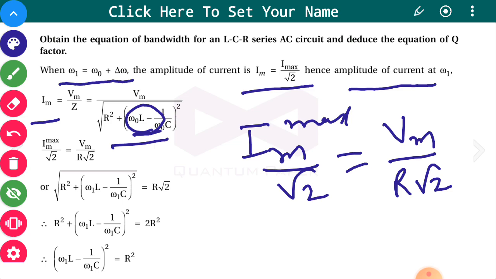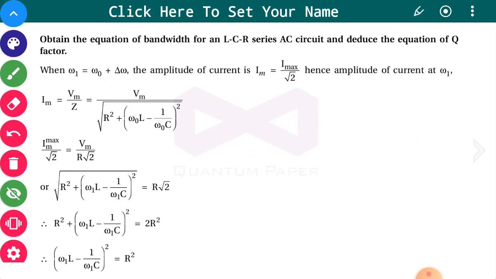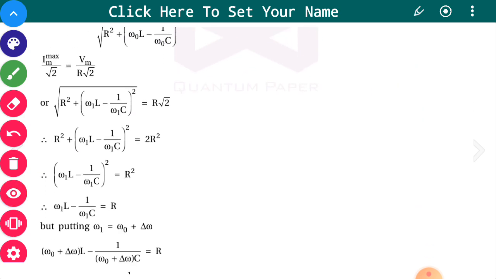So what will happen? The square root of R square plus (omega 1 L minus 1 upon omega 1 C) whole square is equal to R root 2. Squaring on both sides and simplifying, you are getting 2R square equal to R square plus (omega 1 L minus 1 upon omega 1 C) whole square, and R is equal to, you are getting this value.